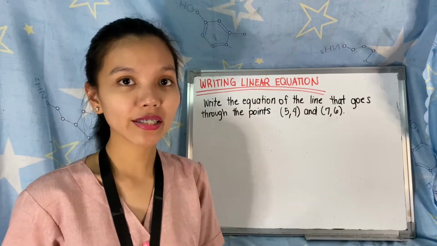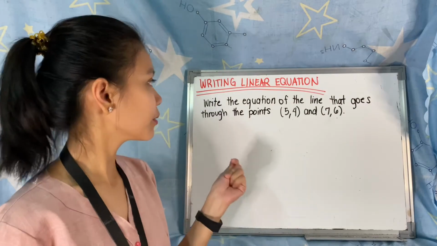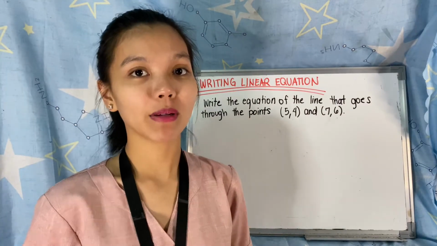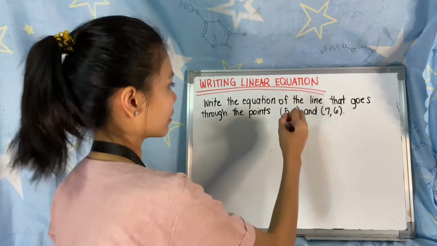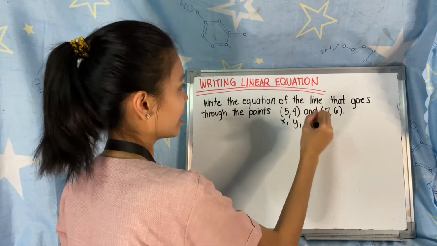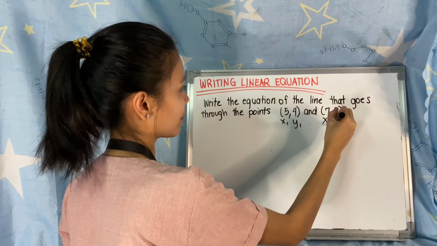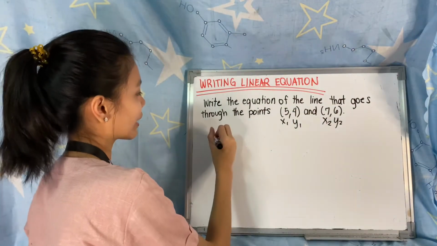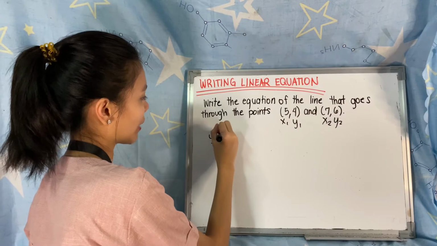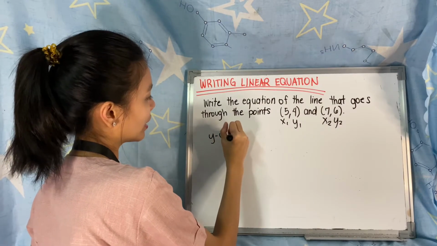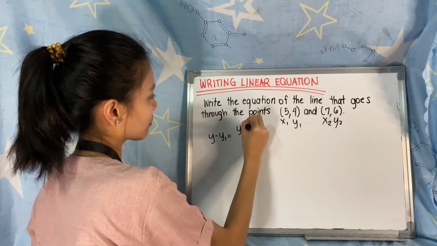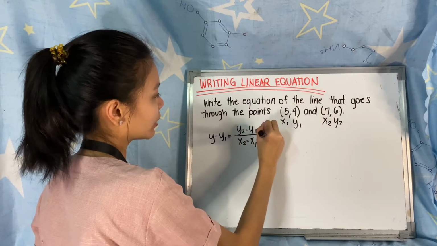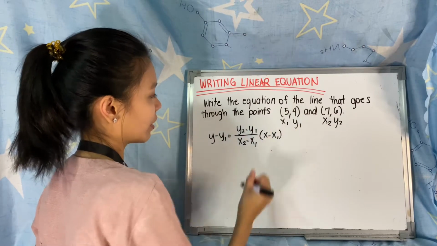Okay, so another example, we need to write the equation of the line that goes through the points 5, 4, and 7, 6. So, 5, 4, that will be your x sub 1, y sub 1, and 7, 6, that will be your x sub 2 and y sub 2. So, i-substitute lang natin siya sa 2-point form formula natin, which is y minus y sub 1 is equal to y sub 2 minus y sub 1 all over x sub 2 minus x sub 1 multiplied by x minus x sub 1.